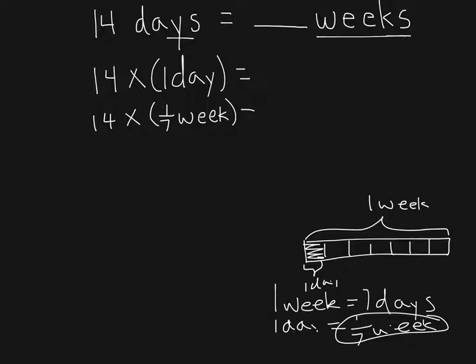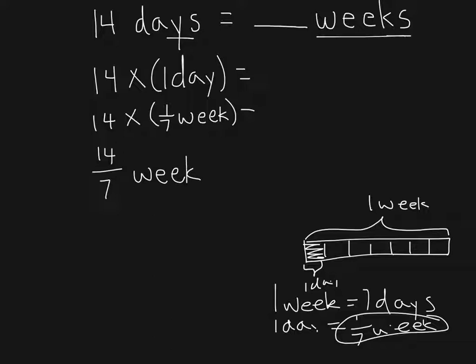So if you look at what we're doing here, 14 times 1/7 of a week, that means that we have 14 copies of 1/7. And that means that we're going to have 14 sevenths of a week eventually.